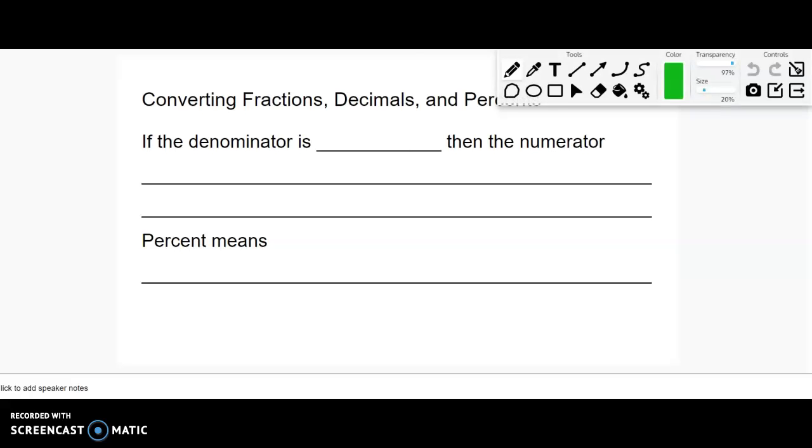All right, we'll start with just if the denominator is 100, like it is in calendar math, then the numerator matches the decimal to the hundredth. Right? Because if it's 15 hundredths, well, 15 hundredths we can write as both a fraction and a decimal.